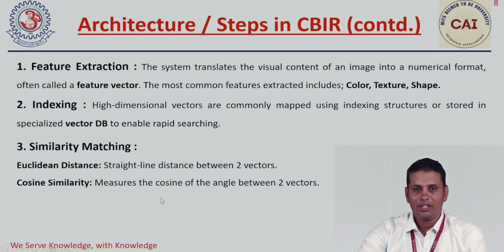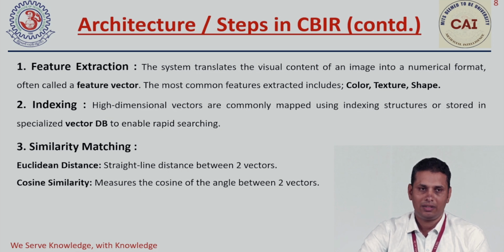What is meant by Euclidean distance? For example, I consider image I1 and image I2. I am mapping the straight line distance between these two vectors. I am taking one image, my photograph, and in another image I am giving my Aadhaar, PAN card, ration card, all these things.